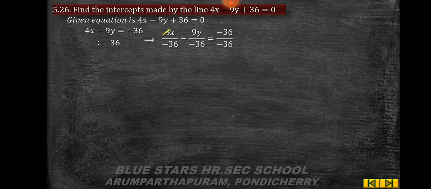If you cancel out 4 and 36, you get minus 9, and 9 and minus 36, you get minus 4. Minus 36 gets cancelled, which implies x by minus 9 minus y by minus 4 is equal to 1.